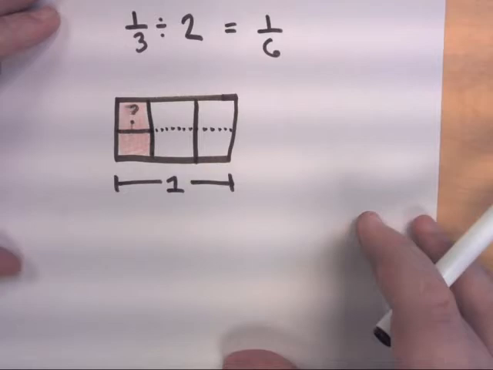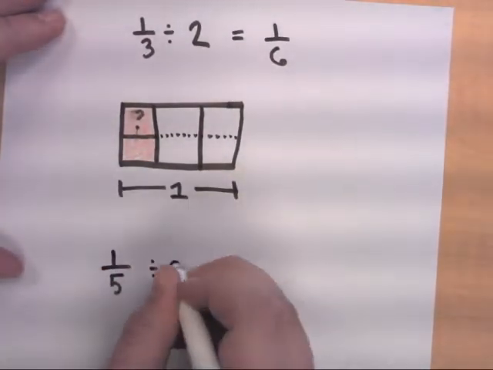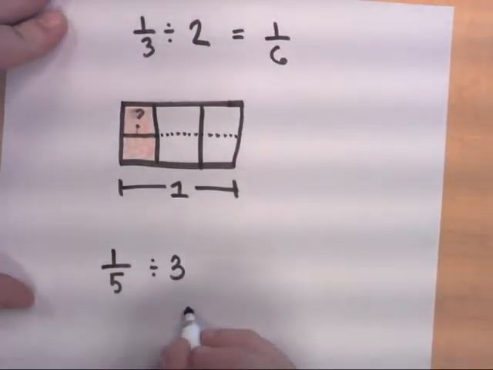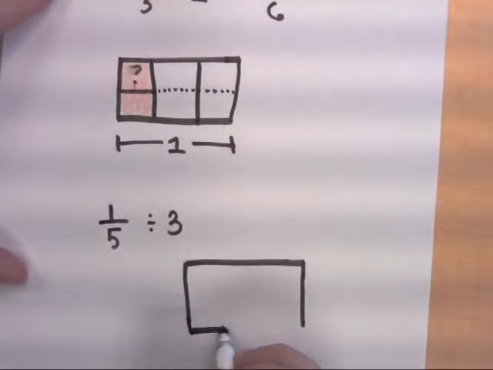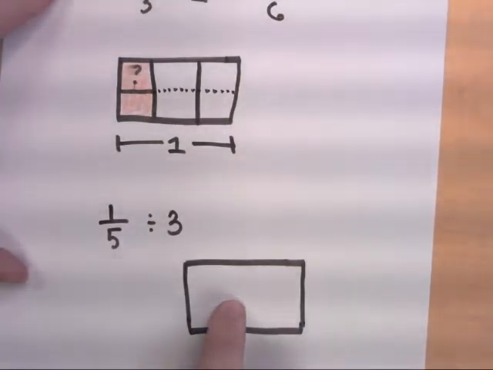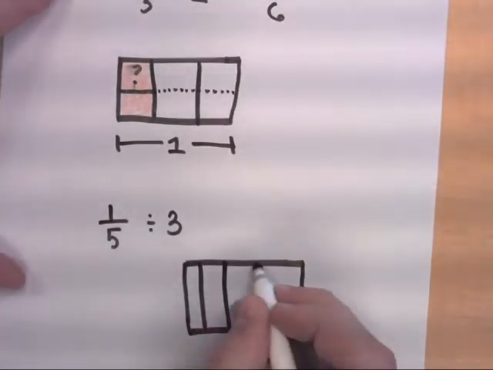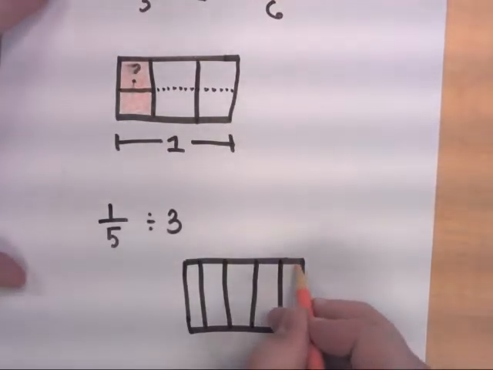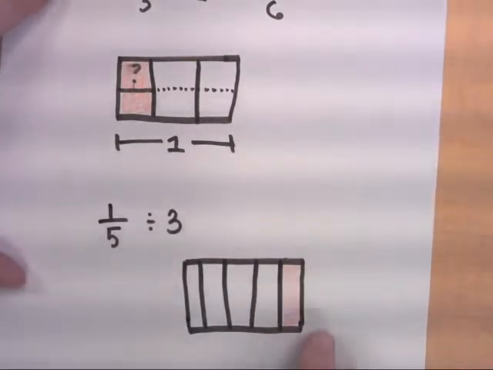To show you one more example, let's say I have 1/5, and I want to divide that by the whole number 3. I can again start by drawing a diagram, starting with representing one whole. Then if I divide my one whole into fifths and color one of my fifths, then I can then divide that 1/5 into 3 equal pieces.